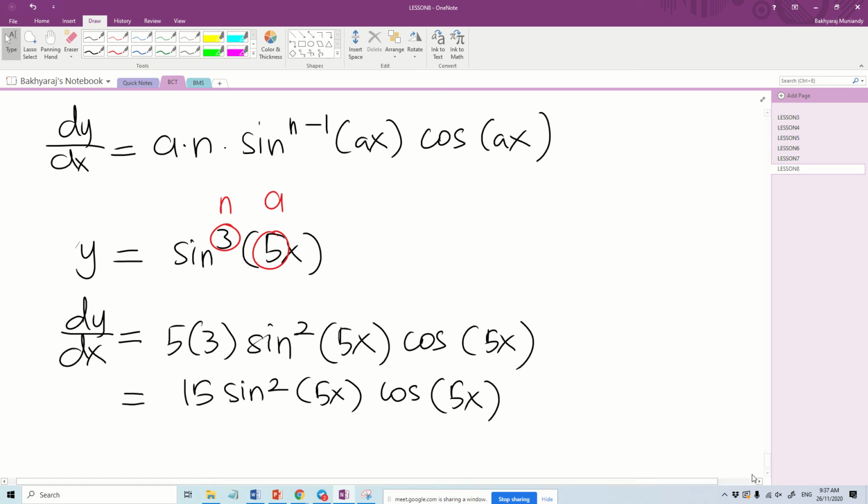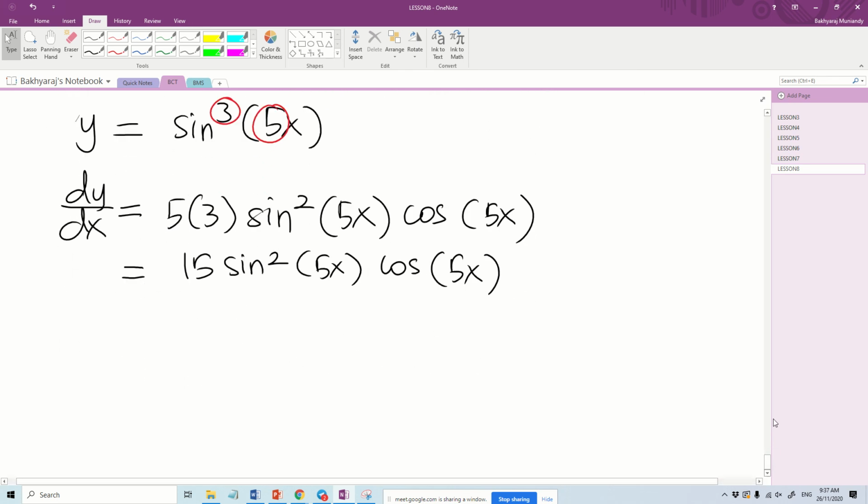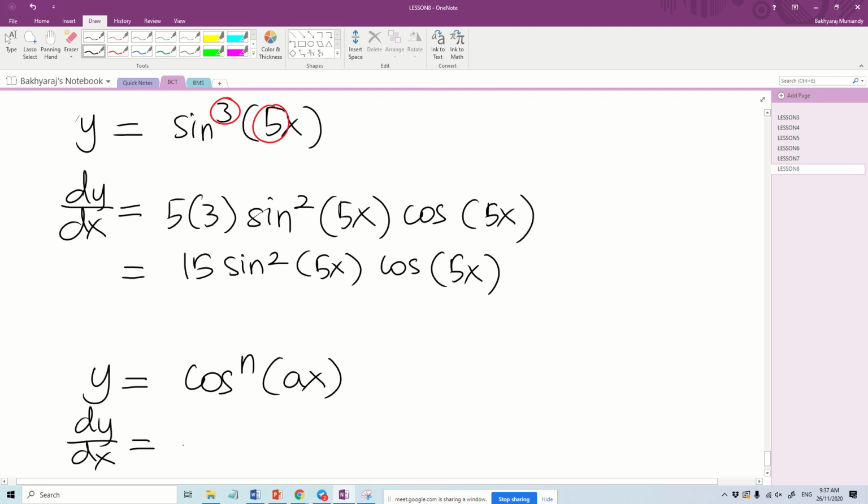Okay, next I give you another problem, for cos. Okay, next I give you another formula. Y equal, let's say this time I give you cos^n(ax). Okay, when we have cos^n(ax), then your dy/dx will be equal, again you get negative a. Remember, sin cos dia positif, tapi cos sin dia jadi negatif.